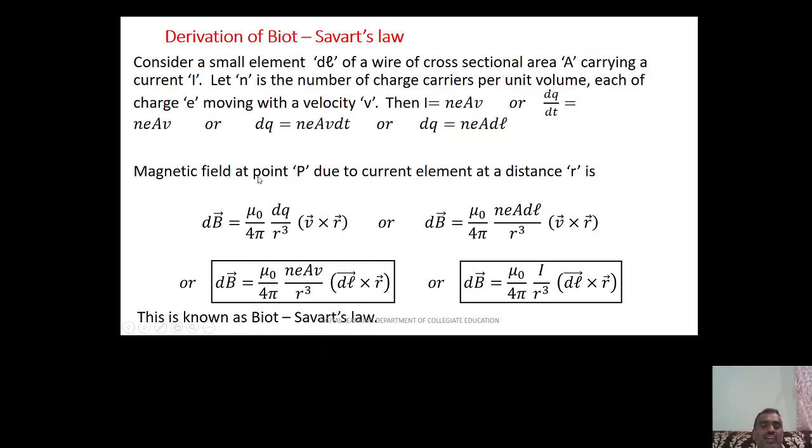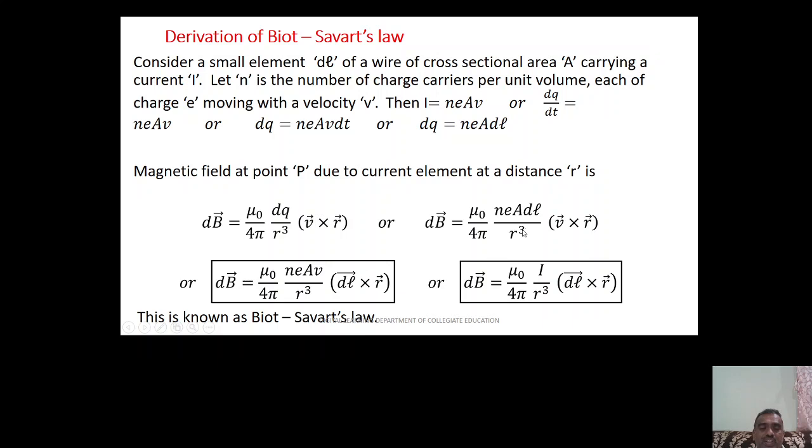Then the magnetic field at point P due to the current element at a distance r is dB vector equal to mu naught by 4 pi dq by r cube into vector v cross r. We know dq is neA into dl.